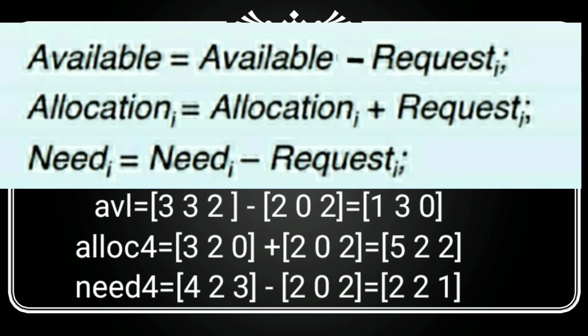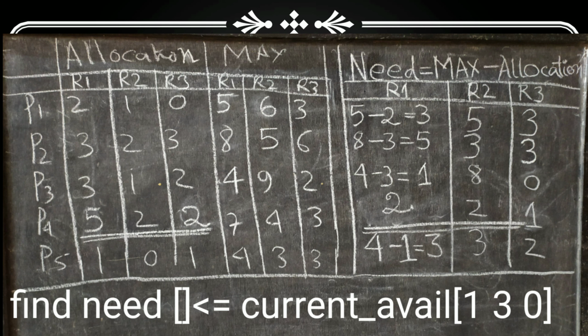We already discussed the meaning of Alloc4, Need4 and so on. Now the updated need matrix looks like this, with the changes underlined. Please follow: the allocation matrix for P4 changes to 522 and the need matrix for process 4 changes to 221. Look at this very carefully.